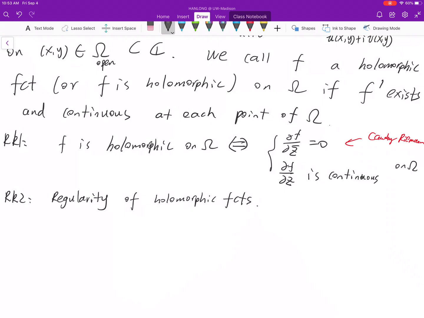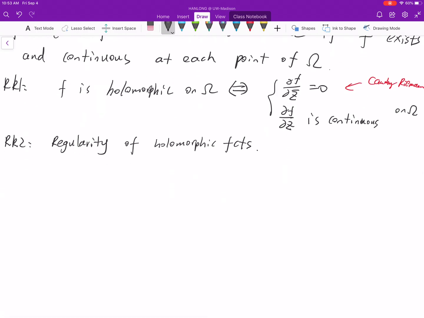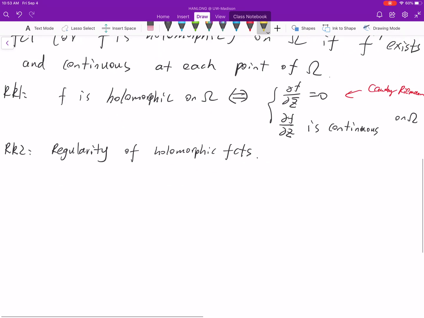So for simplicity here, we will at the very beginning assume that f has at least continuous first derivative. So the point I want to emphasize is no worry about the regularity.